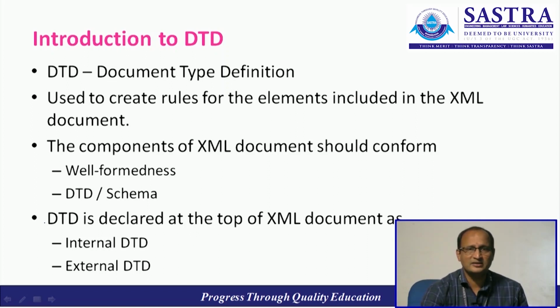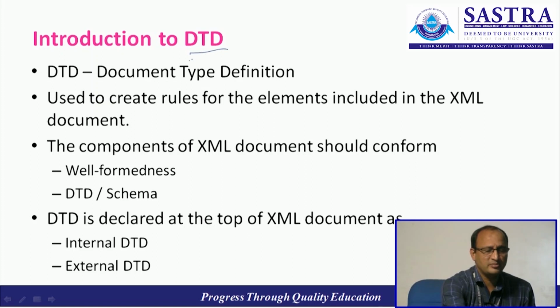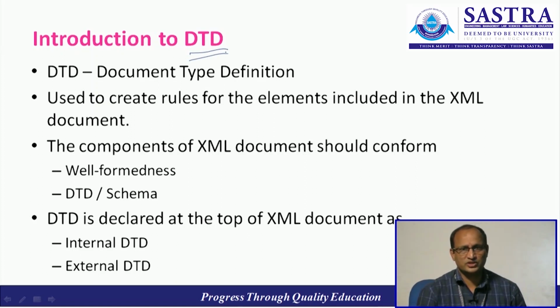After creating a proper XML document, we need to validate it. How can we validate an XML document? In the sense, we have document type definition, which is called DTD.